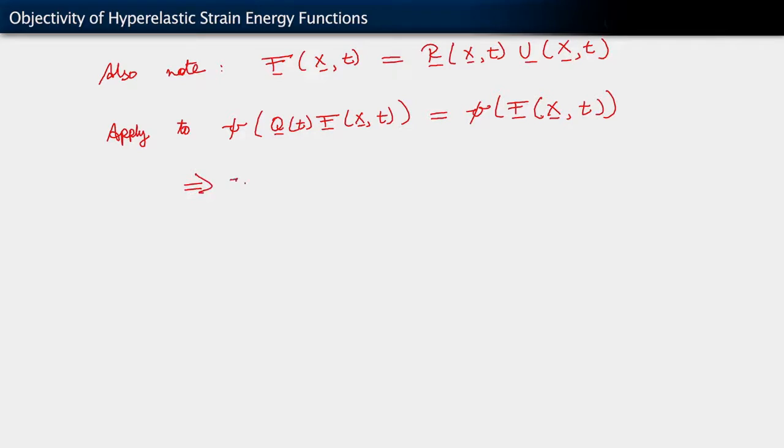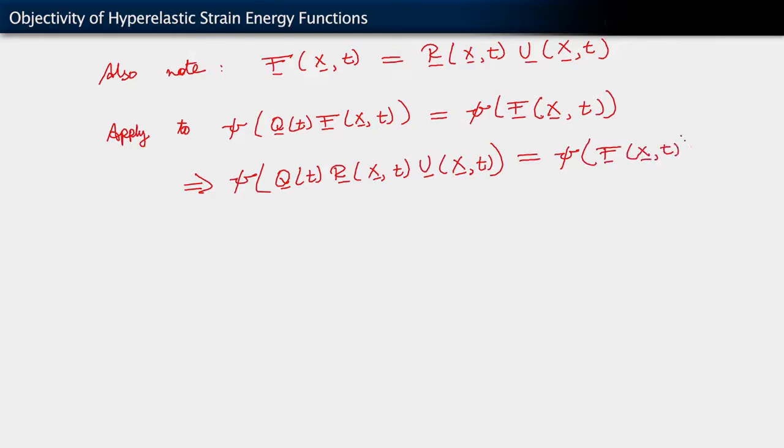What this says is that psi of Q(t) R(x,t) U(x,t) equals psi, where I write the right hand side as depending upon F, a function of position and time.